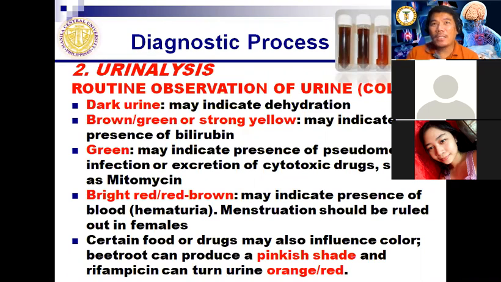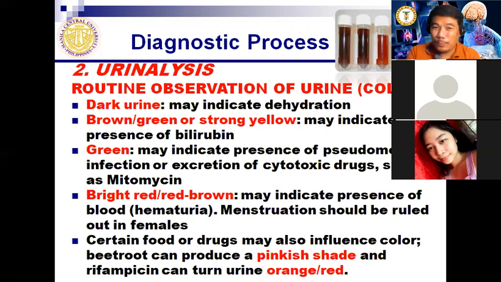Okay? Next, if the client has bright red or red-brown color of the urine, then that's obviously hematuria. Okay? However, for female clients or students, if you will send a specimen for urinalysis, please declare if you have menstruation.